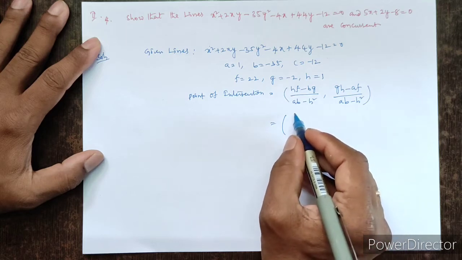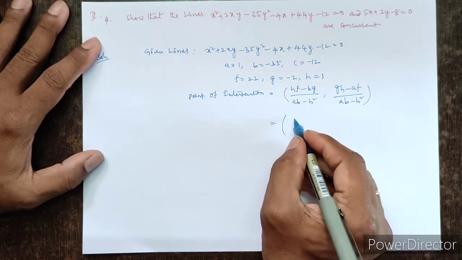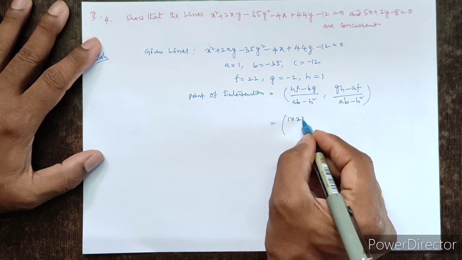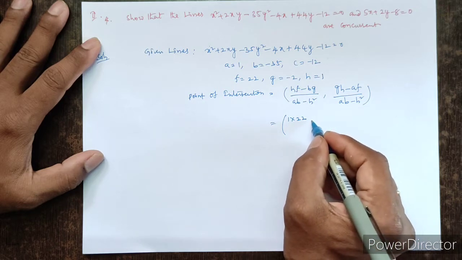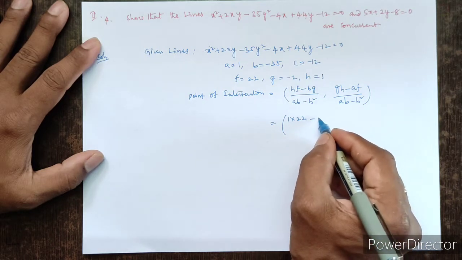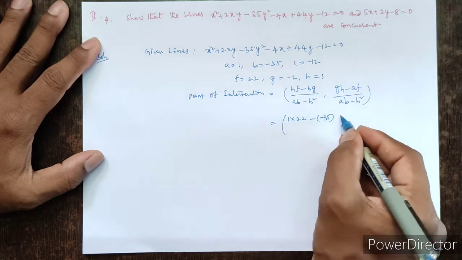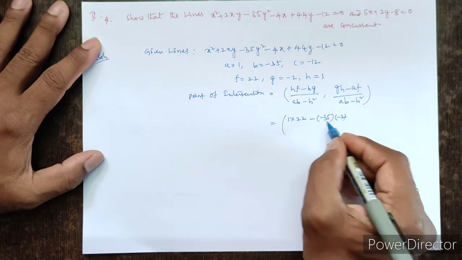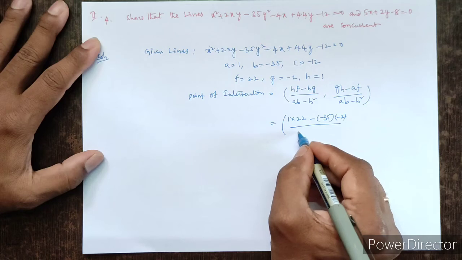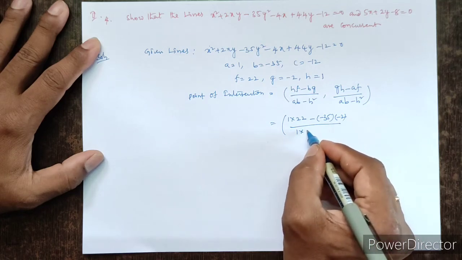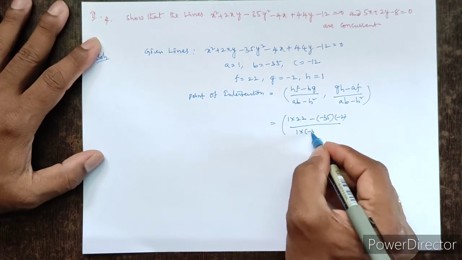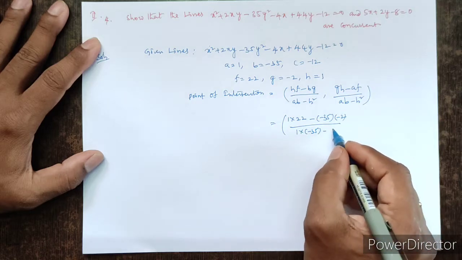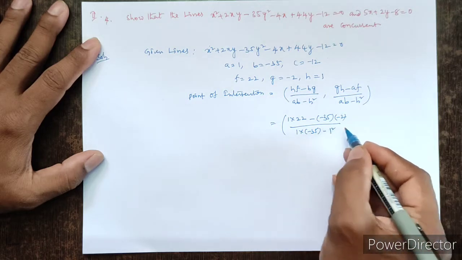So what is H? H is 1, F is 22, minus B is minus 35, G is minus 2, by A is 1, B is minus 35, H square is 1 square.